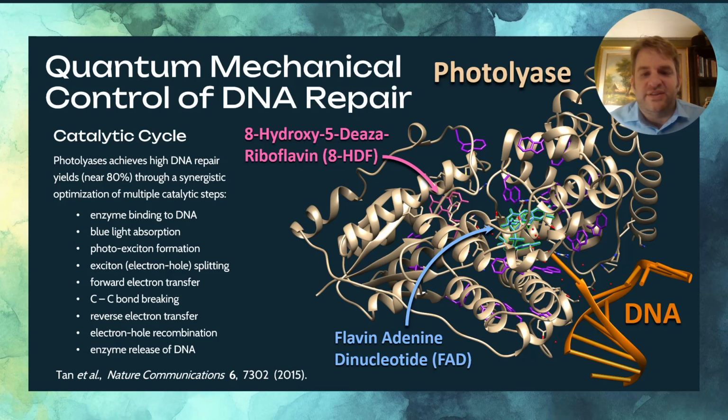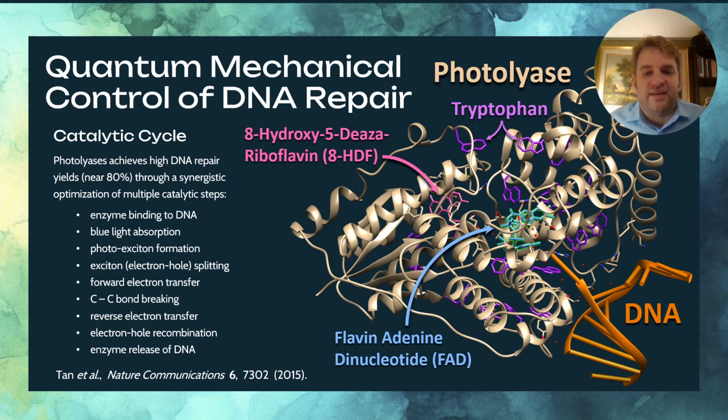That's an 8-HDF antenna molecule, the additional molecule that helps the flavin gather light. It's also surrounded, as I've shown in purple, by a variety of tryptophan residues. This amino acid carries a bicyclic indole ring. It's highly aromatic, and it also has light-sensitive properties.